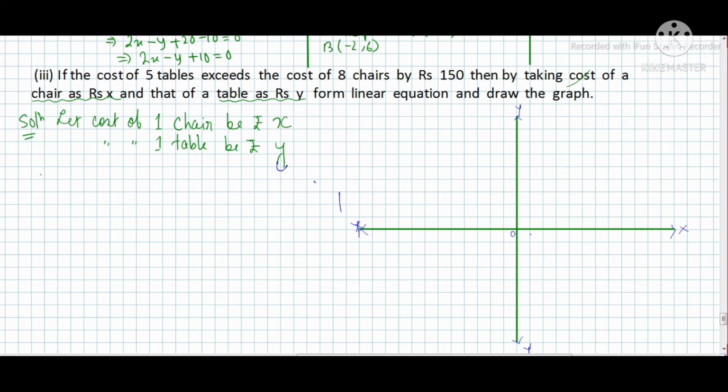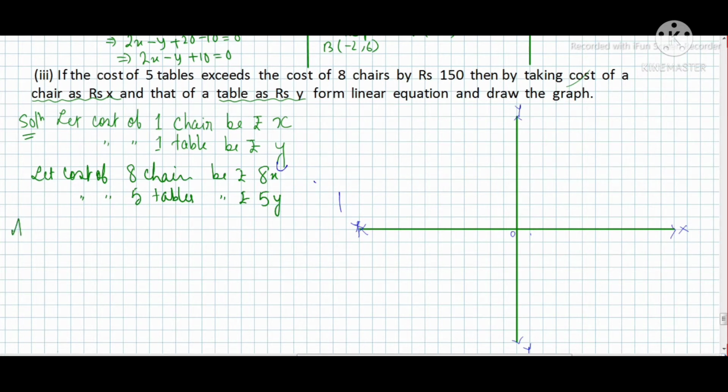So we will again take it that let the cost of 8 chairs be rupees, see, cost of one chair is x, so cost of 8 chairs will be 8x. Similarly, cost of 5 tables be rupees 5y.